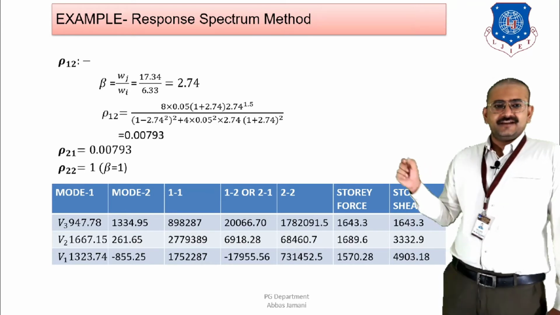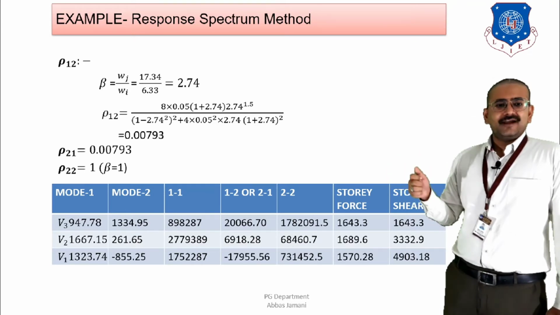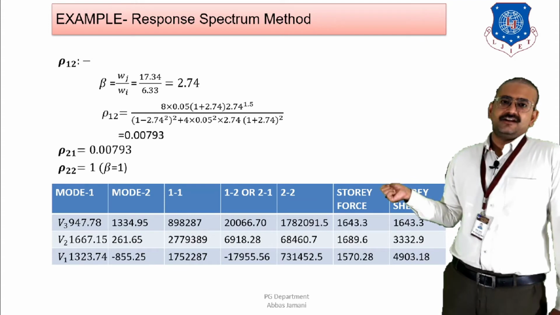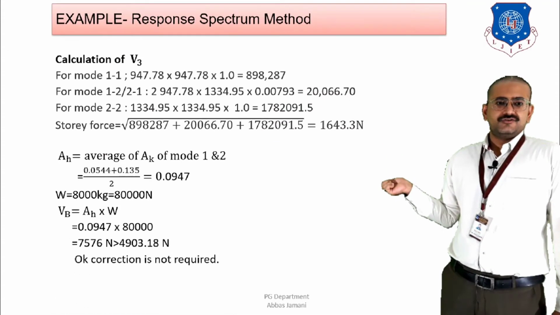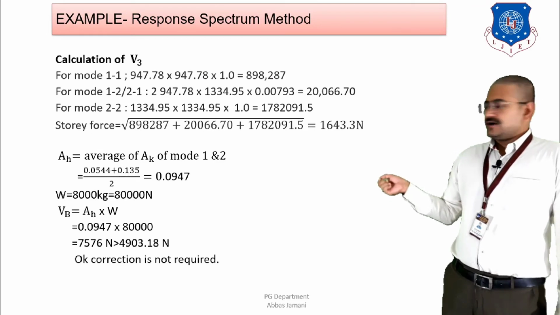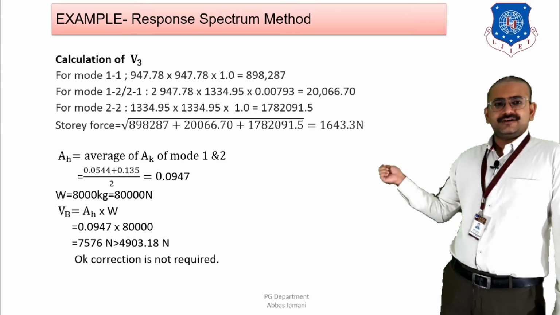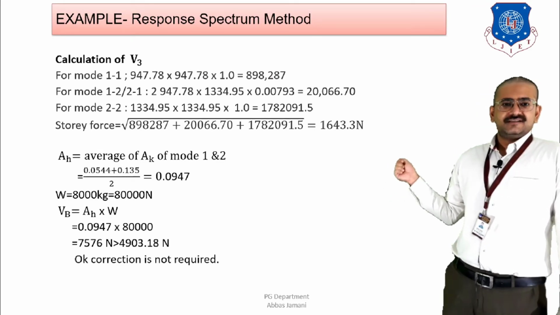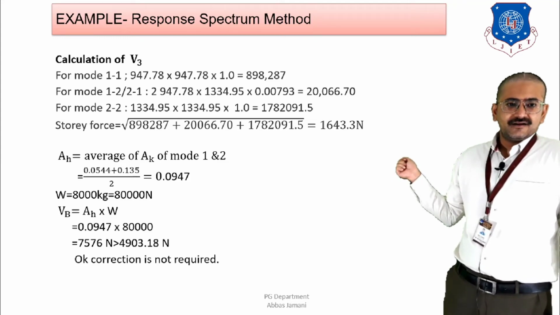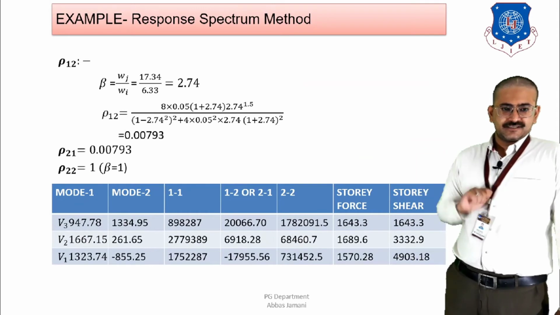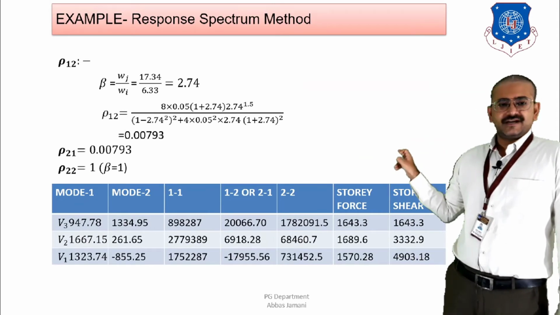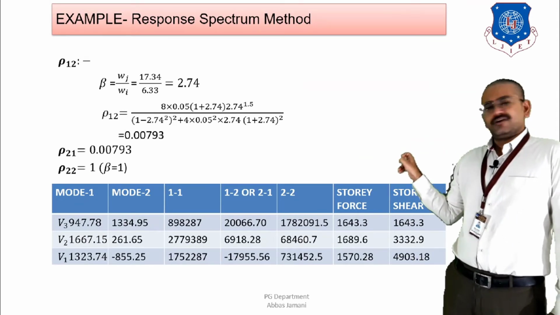Lambda 1 will be 947, and lambda j will again be lambda 1, and that is why the value is going to be 947 again. So for mode 1 the value will be 947 into 947 into 1, that is equal to 898,287, that you can see over here. That value is to be substituted in the first, that is the third row, third column, that is the 1 1 value.